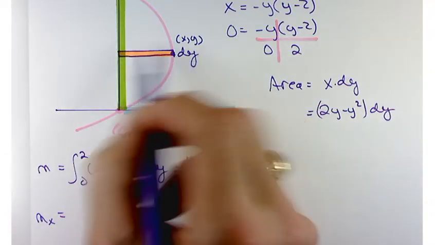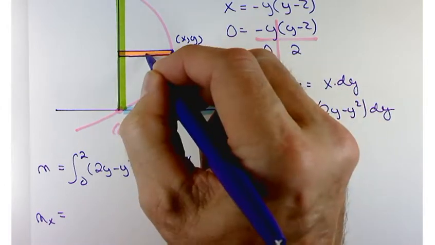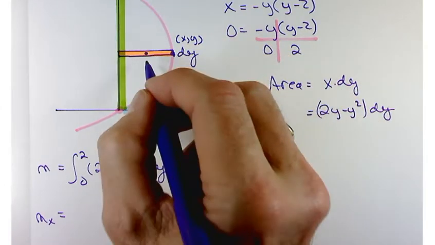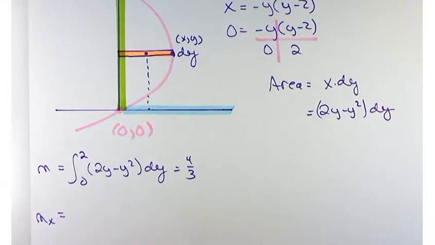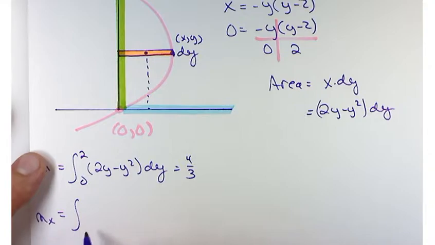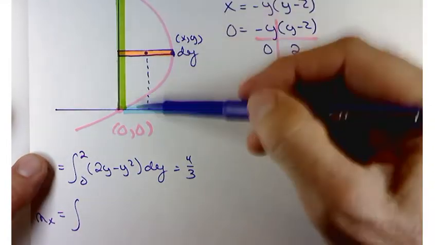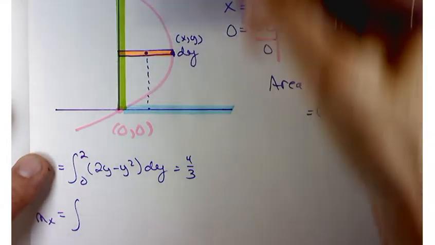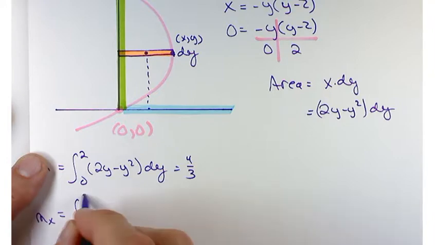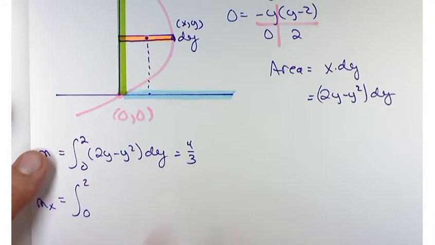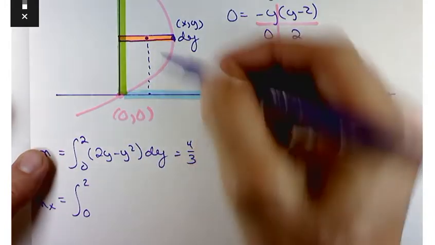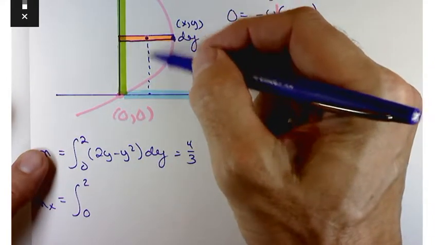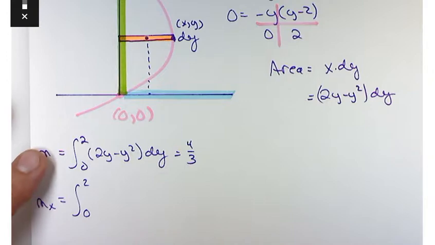It's going to be a product of the area of that slice times the distance to the x-axis. So integral, we're going to integrate where you can integrate here, so from 0 to 2. And it's going to be the area of that slice times the distance to the axis of rotation.